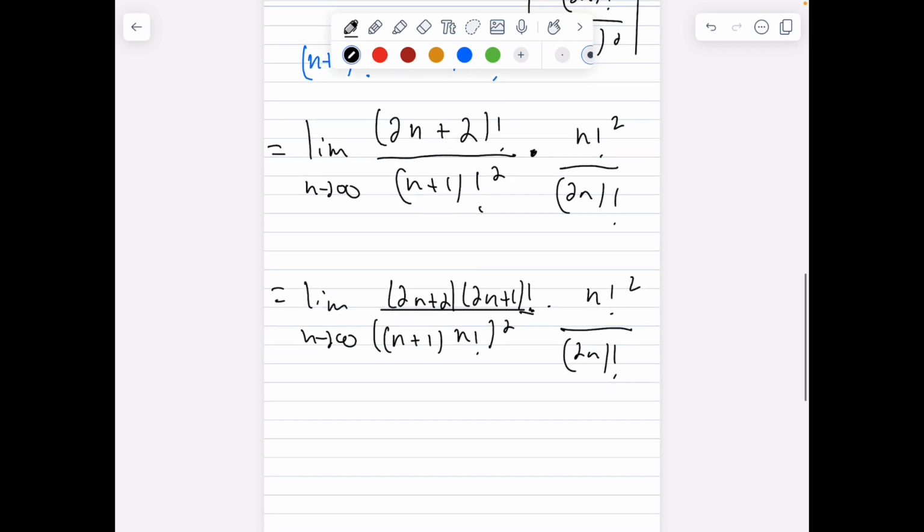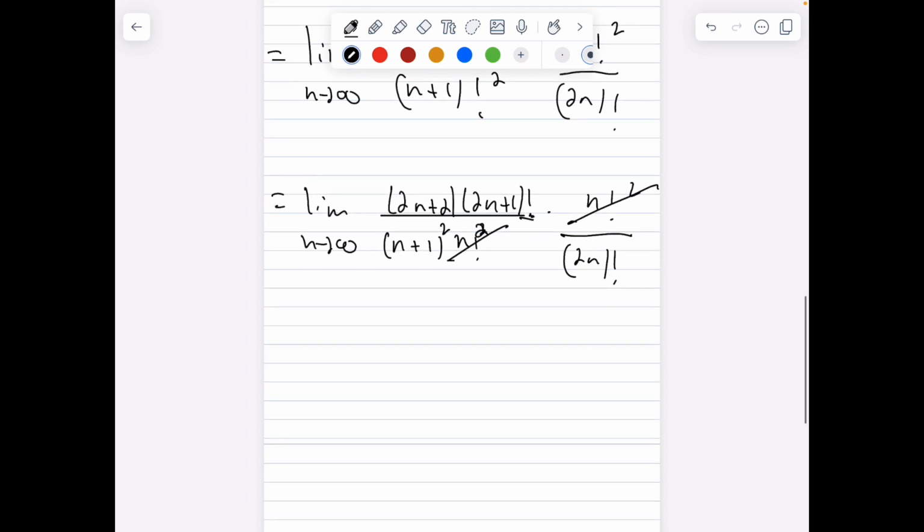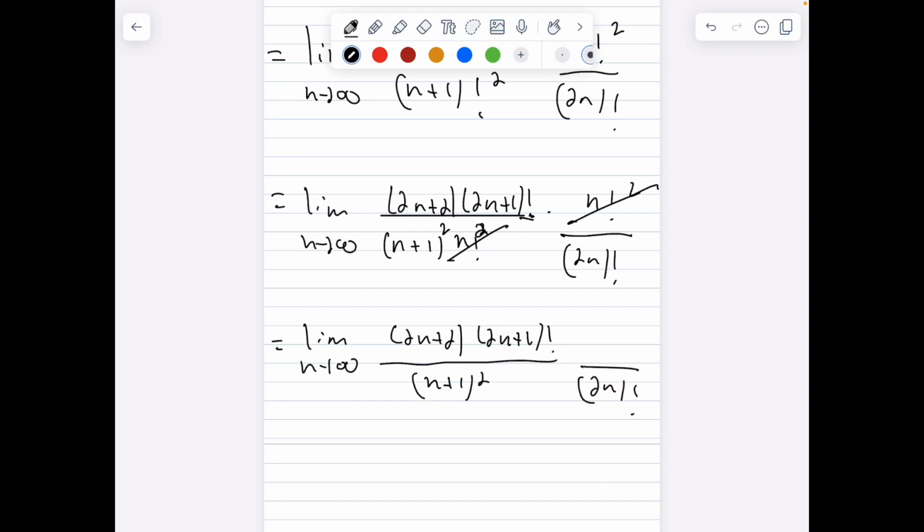And furthermore, this n plus 1 times n factorial, squared, you can rewrite by properties of exponents as n plus 1 squared times n factorial squared. And voila, canceling things out. And one more thing that I can do to cancel out, so let me write what I have so far, which is 2n plus 2, 2n plus 1 factorial, all over n plus 1 squared, 2n factorial after we canceled.